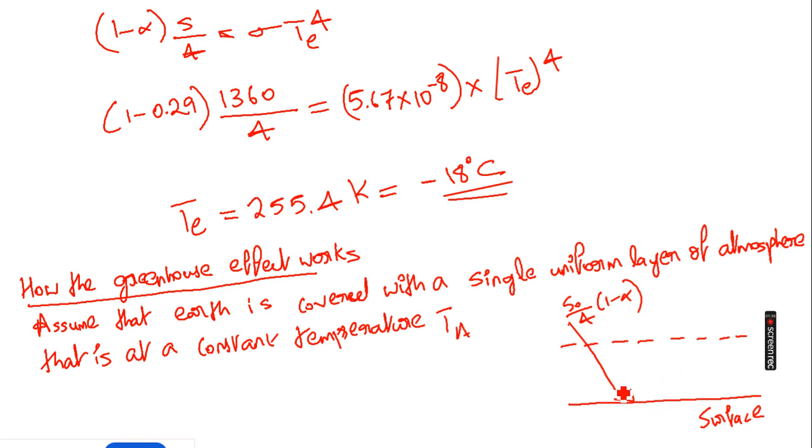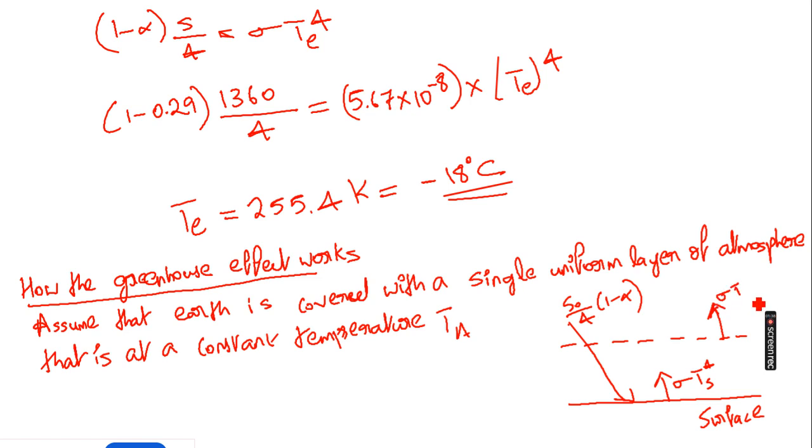And then once it reaches the surface, the Earth starts re-emitting radiation, which is given by sigma Ts raised to 4. So let Ts be the surface temperature of the Earth. Based on the surface temperature of the Earth, it starts re-emitting the radiation. So what happens is that all this radiation, instead of going back to the space, some is getting attenuated in the atmosphere. So as it passes through the atmosphere, it absorbs some amount of this energy and starts re-emitting radiation again.